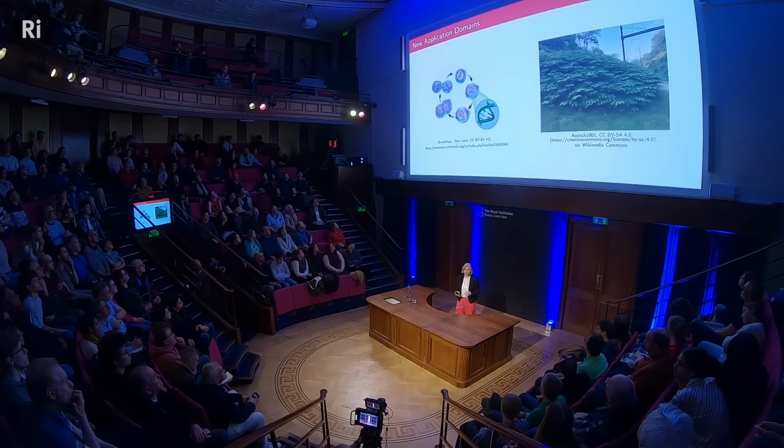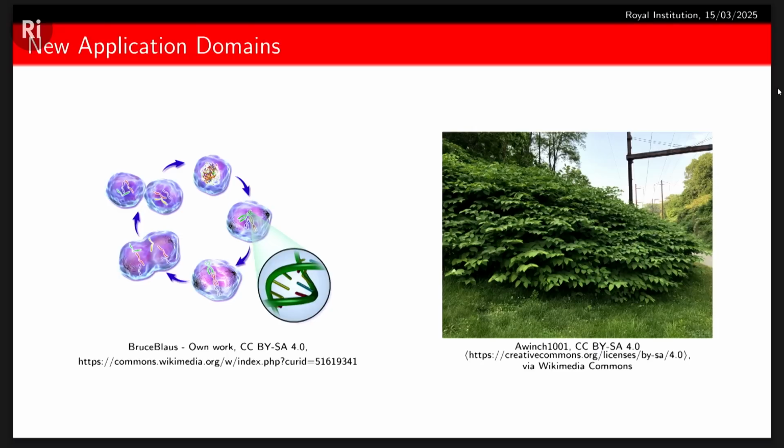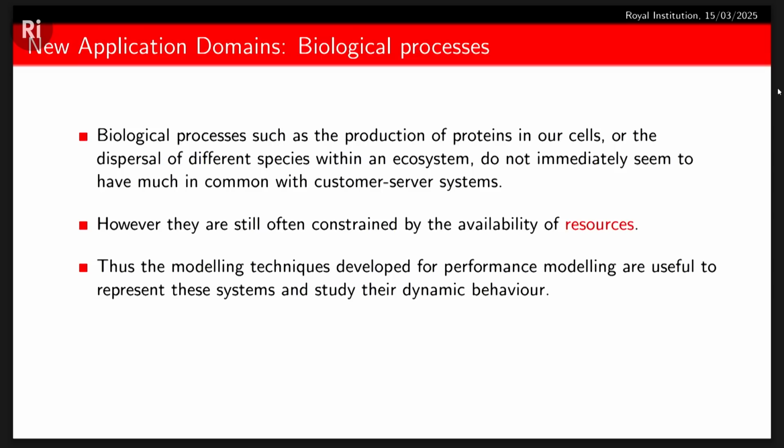And then even more surprisingly, these techniques started being used in completely different domains. So, for example, biological systems from the cellular level, and the picture on the left-hand side is thinking about cell cycle, and the picture on the right-hand side is Japanese knotweed. So that's what we call an invasive species. So it might seem strange to think about these. We don't really think of those as resource-based systems, but these systems nevertheless have resources.